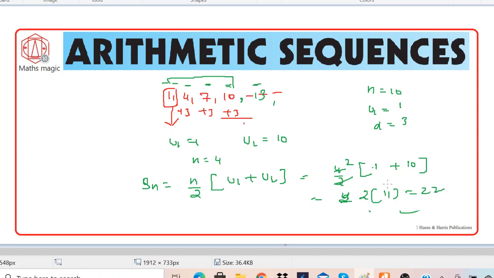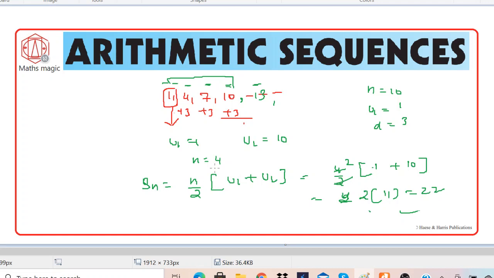If you know the first term and last term and you know how many terms you have included, then you can use the second formula. And if you don't know the last term but you know the first term and the number of terms which you have to add, in that case you have to use the first formula, and that will be really helpful.